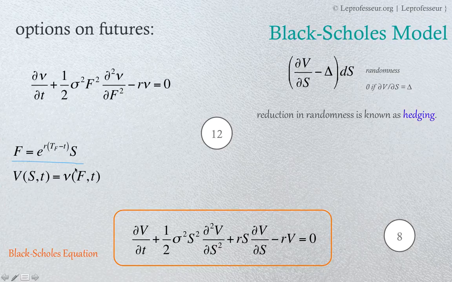Now if we are using options on futures, then we use the future price. Okay, and the future price and spot price are linked with this equation A.